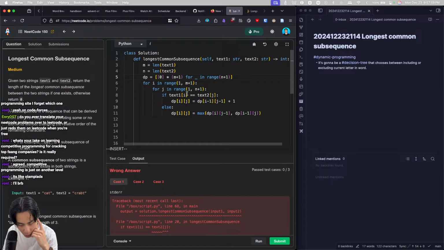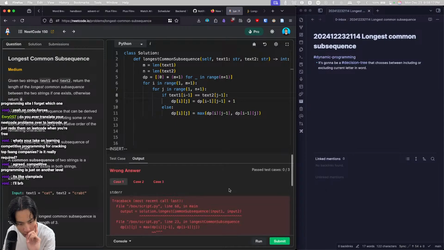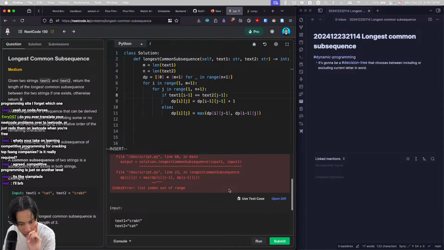Obviously because, well, I'm indexing it kind of wonky. Technically, if I do this, will this work? I is out of range? Let me think.